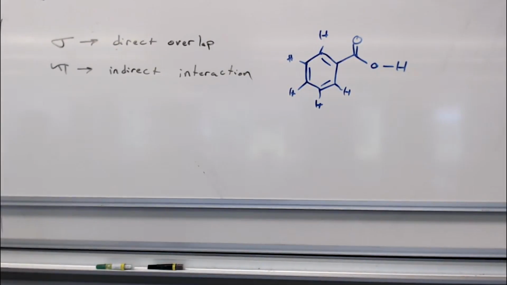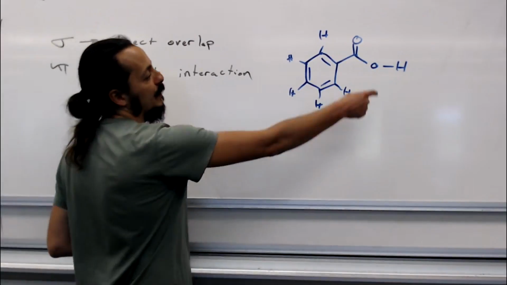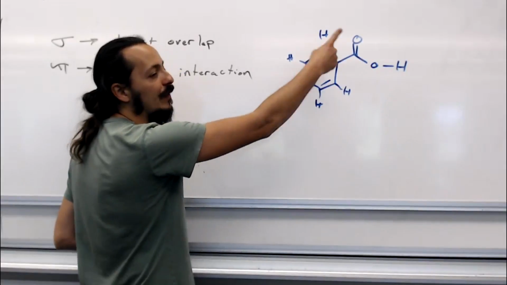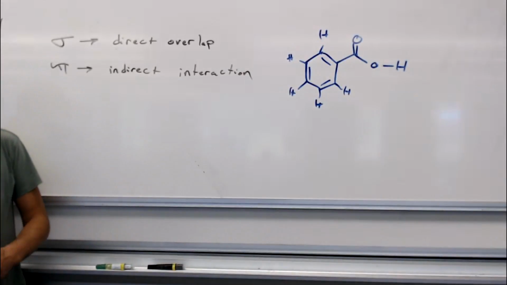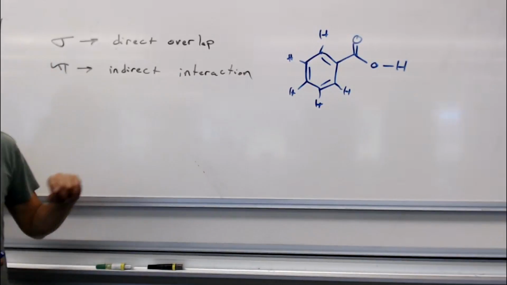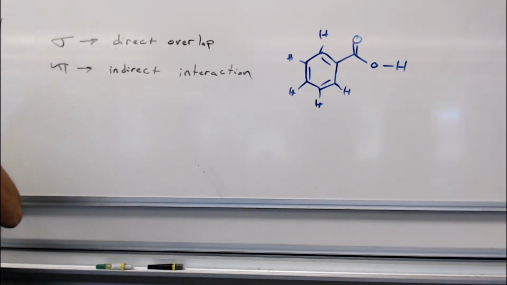Because in order to describe this molecule with molecular orbital theory, you would have to solve a system of equations where you have a number of equations equal to the number of valence electrons in the molecule. Each carbon has 4 valence electrons, each oxygen has 6, and each hydrogen has 1. That is C7O2H6.